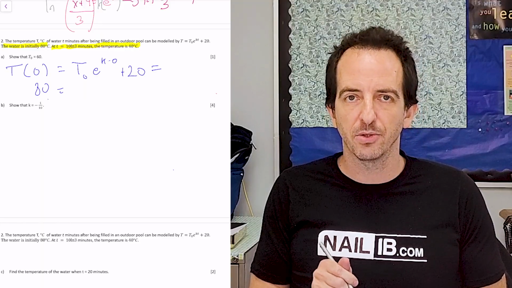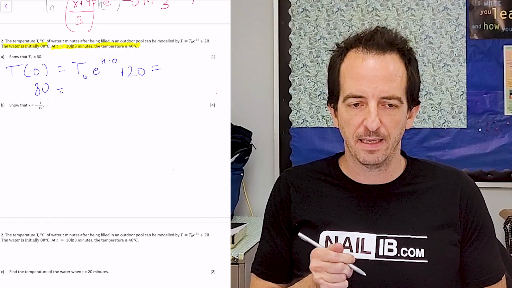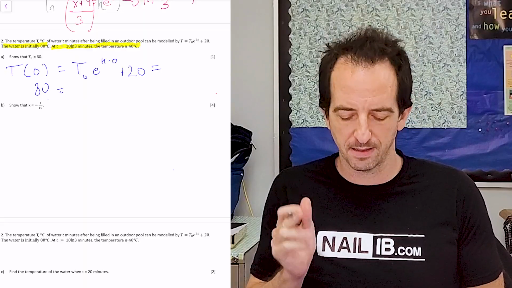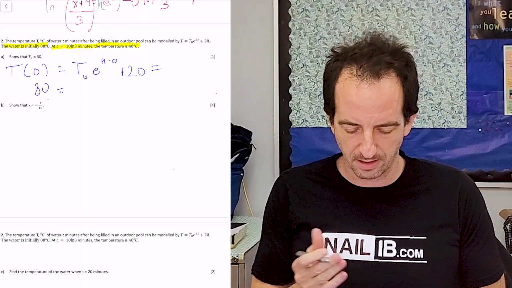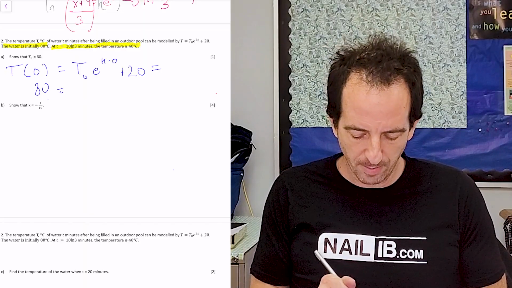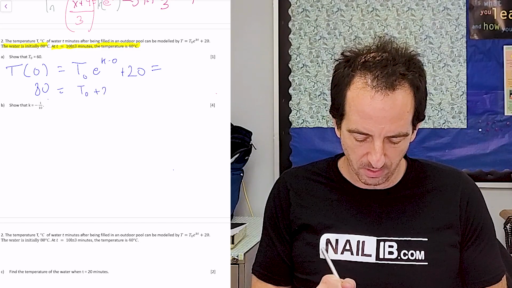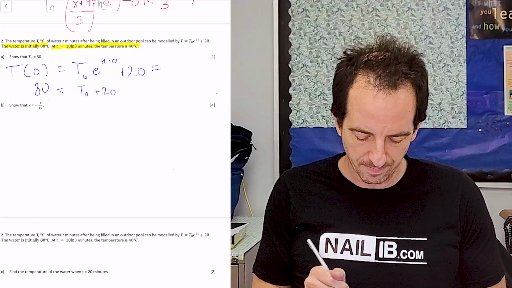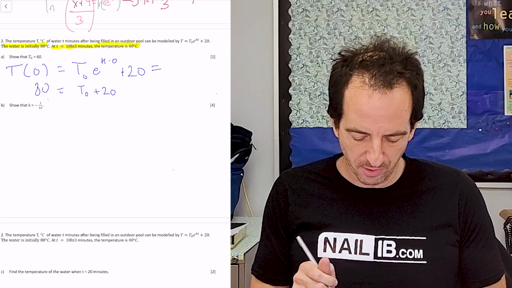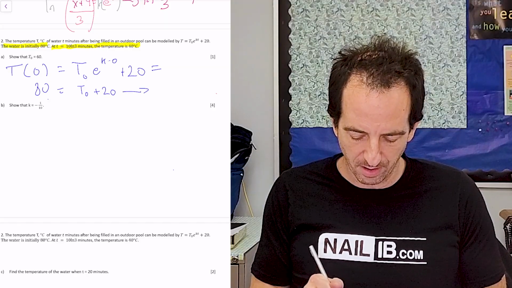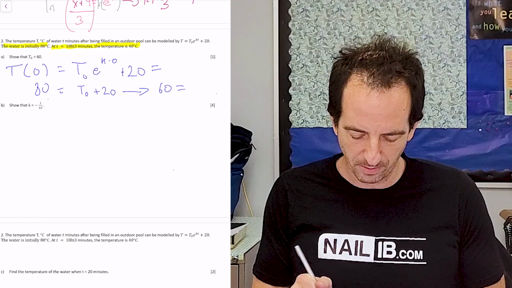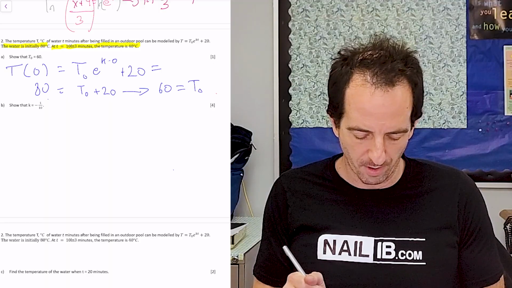And e to the k times 0 is the same thing as e to the 0. Anything to the 0 we know is 1, so that's going to essentially cancel out. We're left only with t0 plus 20 is equal to 80. Once we subtract 20 from both sides, 60 is equal to t0. That should be that 1 mark.